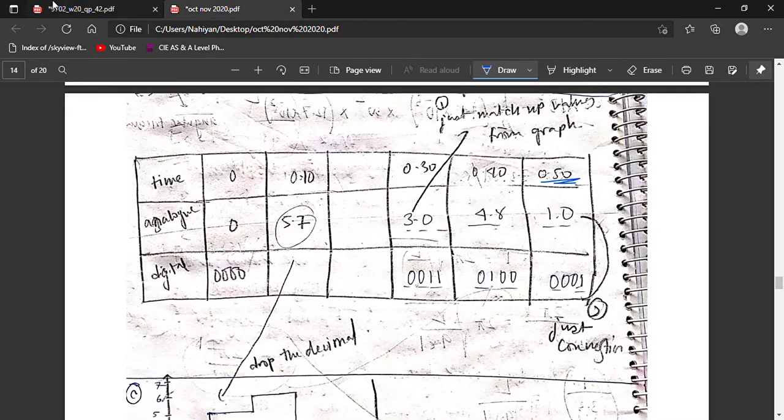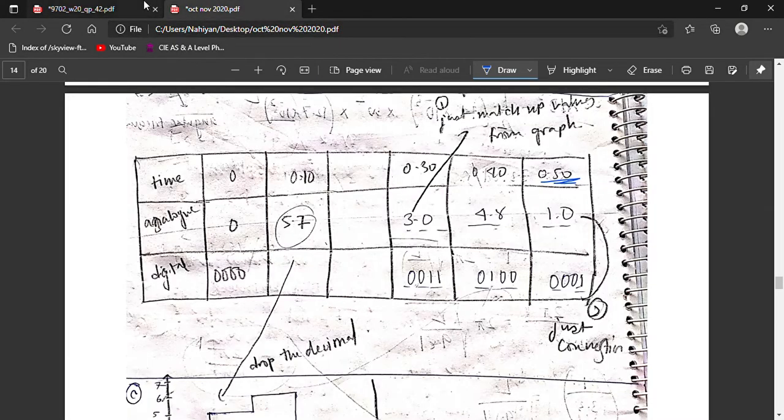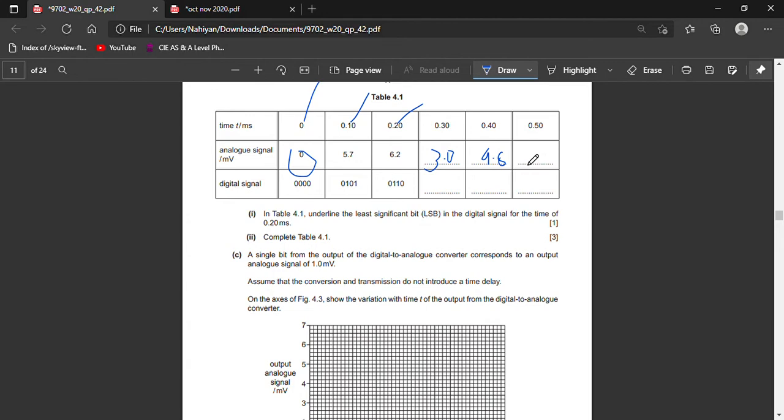After you have done it, like 3.0, 4.8 and 1, all you have to do is convert this numeric data into digital data.